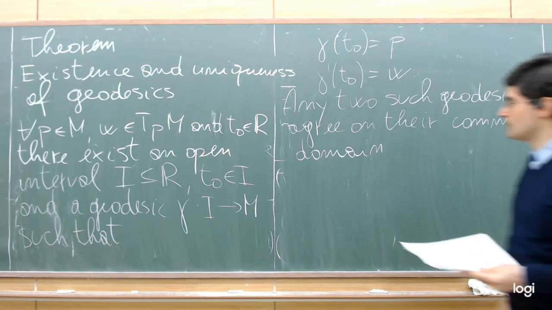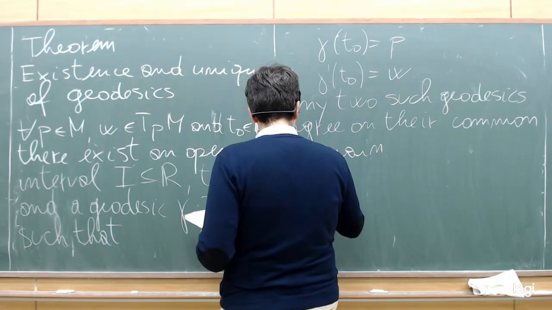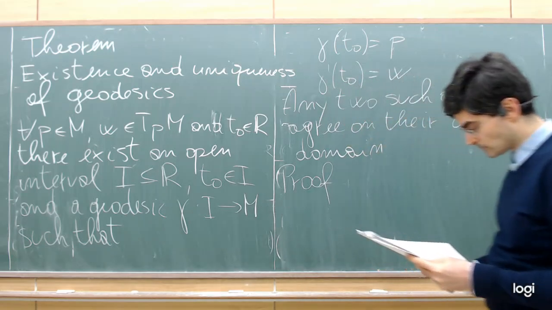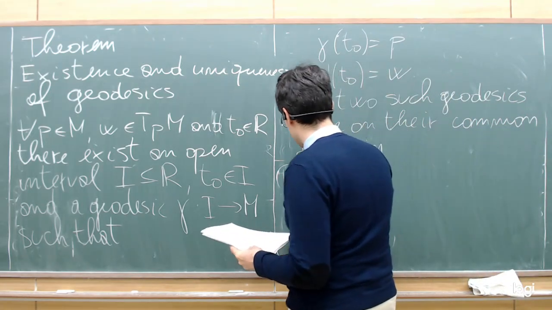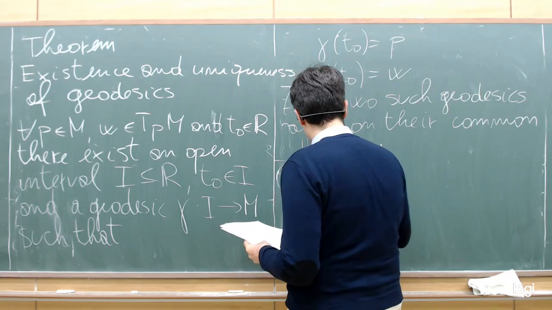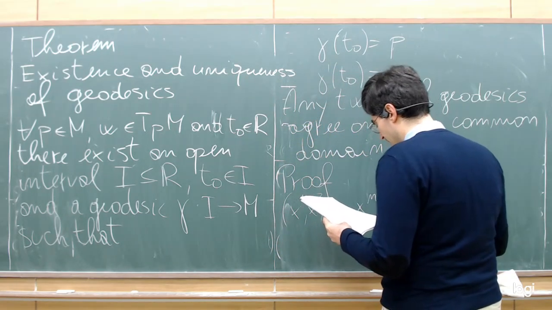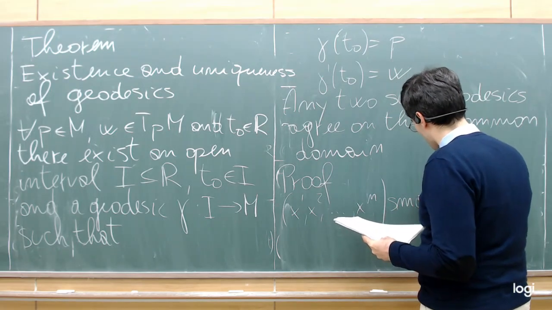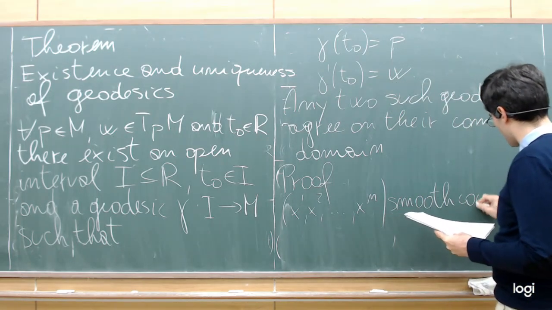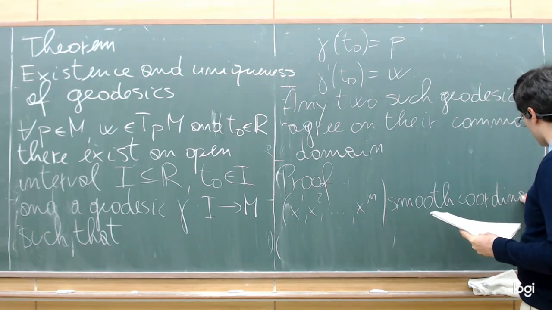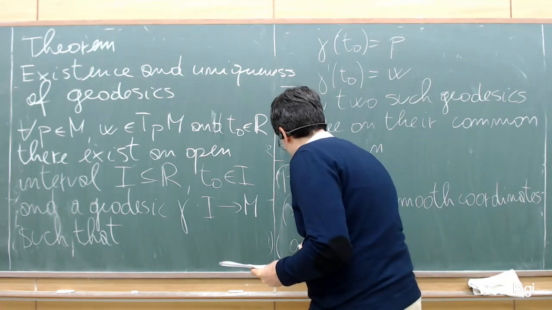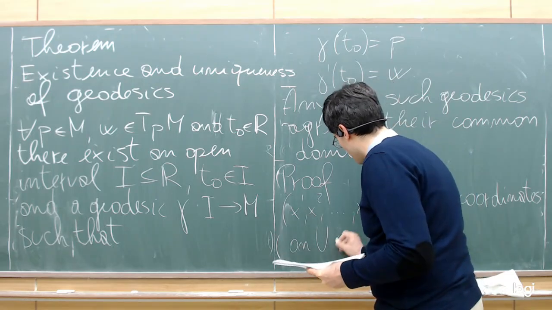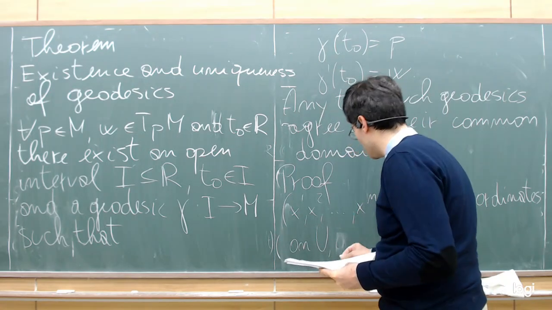Let's try to prove this theorem. So suppose that x1, x2, xn are smooth coordinates on U, where U is an open neighborhood of p.